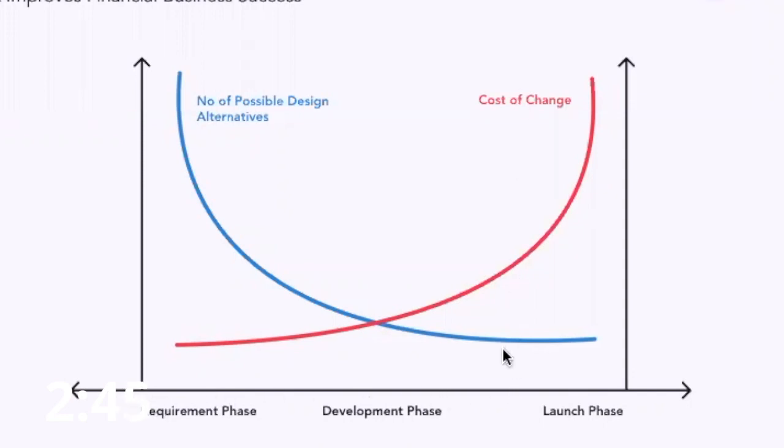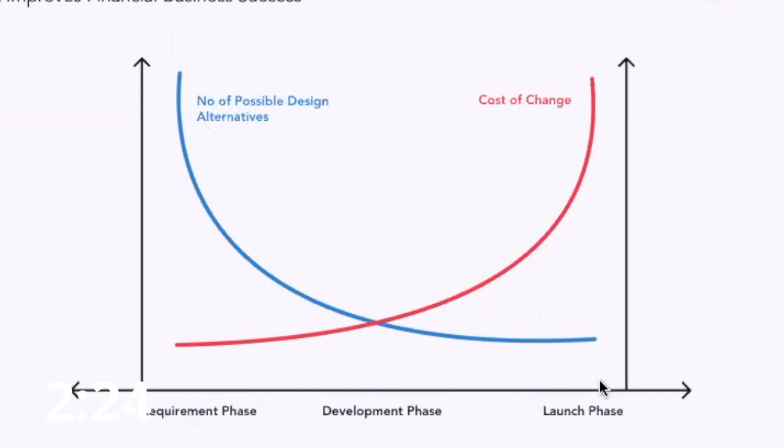And so by that point, if something's already been coded, for example, there is quite a cost of making a change. So this graph is often used as a way to make the case that UX done early is in fact low cost, relatively speaking.